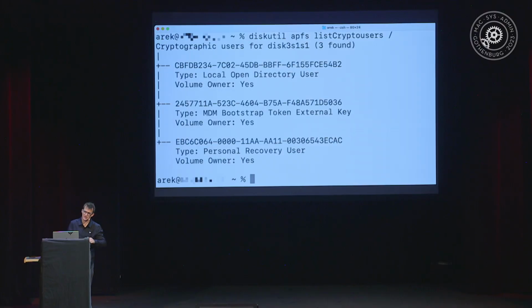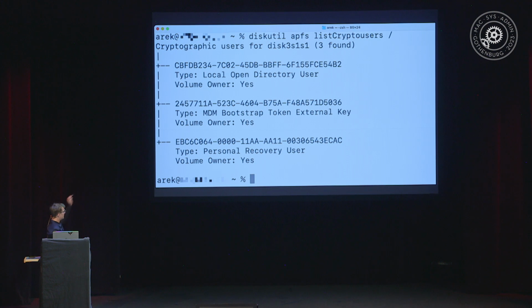All right, so now that I've done that magic trick, I'd like you to run diskutil APFS list crypto users slash, you don't have to write crypto, you can just write list users. And by magic, I've replaced my Bootstrap token onto your device. I've replaced my personal recovery key onto your device.